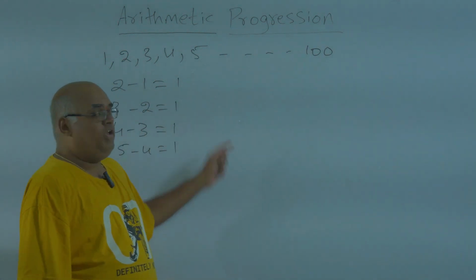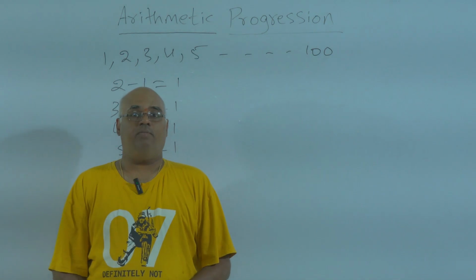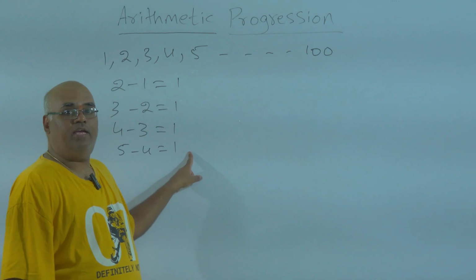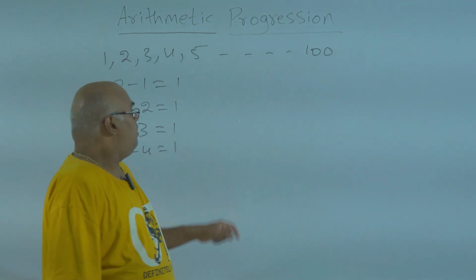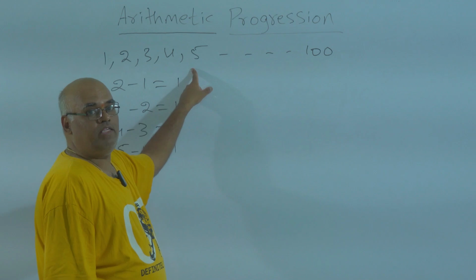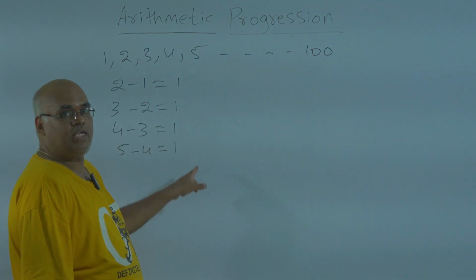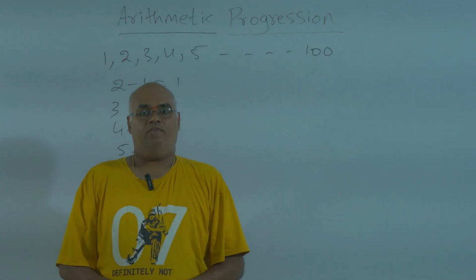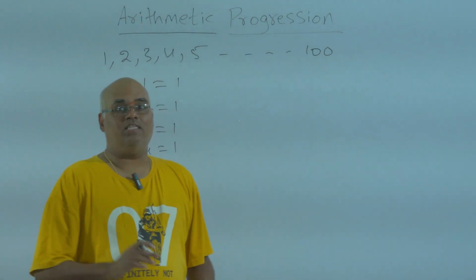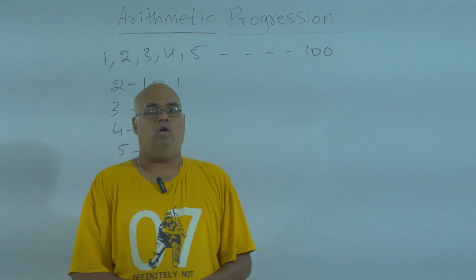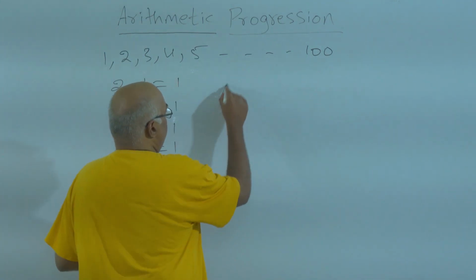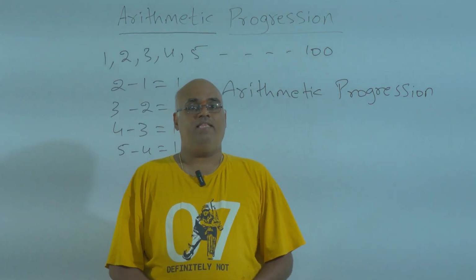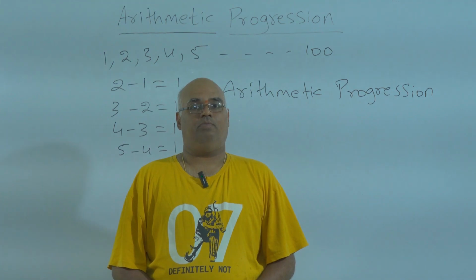So when you subtract a number from its preceding number, in every case you are getting 1. If the difference between any two consecutive numbers is the same, then such a series or sequence we can call an arithmetic progression.